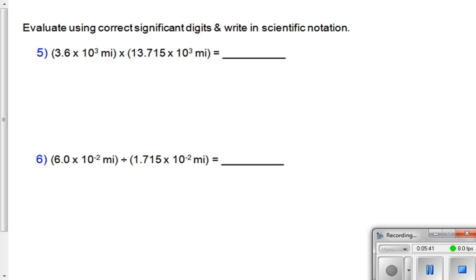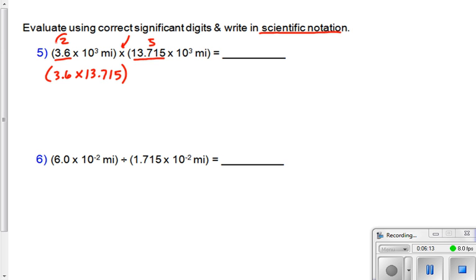The final 2, evaluate using correct significant digits, and we need to write this in scientific notation. So you go ahead and look up here. We have miles here, so it is a physical measurement. We are multiplying, so I'm going to go ahead and multiply, steal my 2 numbers. We have 3.6 times 13.715, group that together. 3.6 has 2 significant digits.